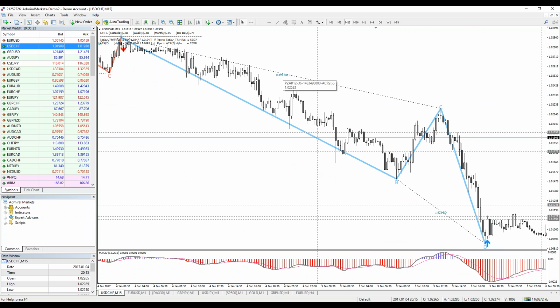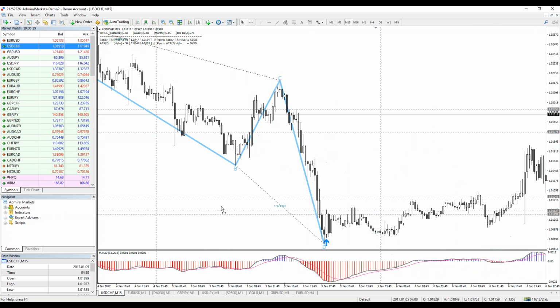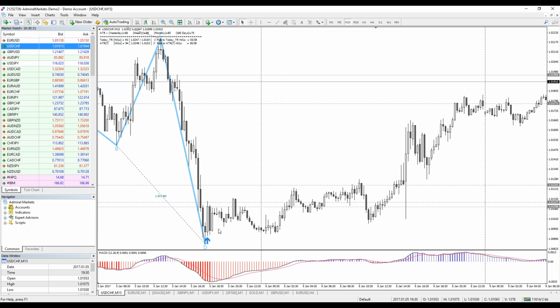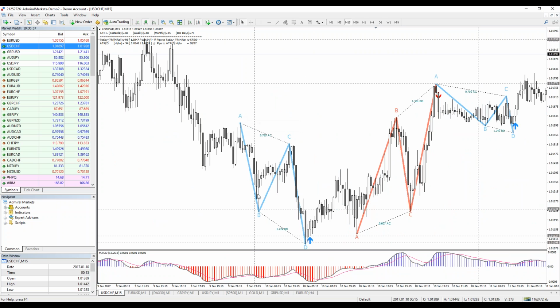This is obviously an extended A, B, C, D. And watch what happened. Again, A, B, C, D. Is it higher than 61.8? Yes, it is. Is it higher than 121?